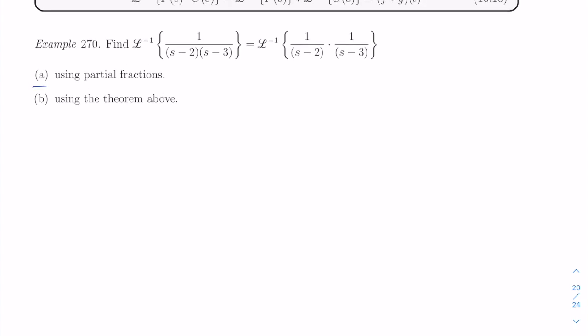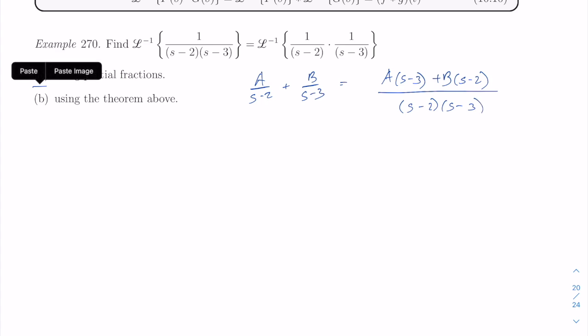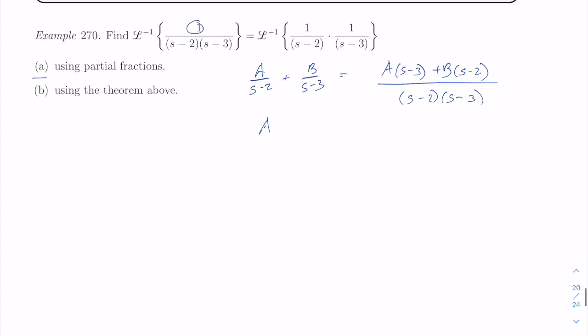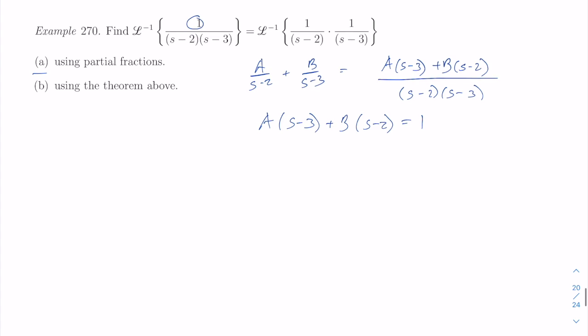So I'll have A over s minus 2 plus B over s minus 3, which is A times s minus 3 plus B times s minus 2, all over s minus 2, s minus 3, and that's equal to 1 on the numerator. So I have A times s minus 3 plus B times s minus 2 equals 1.